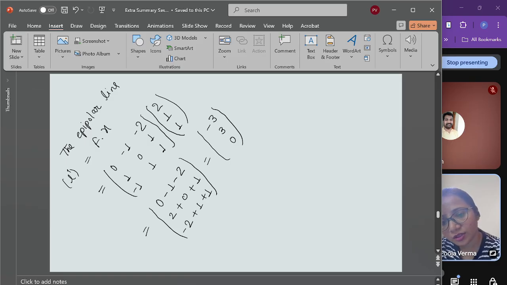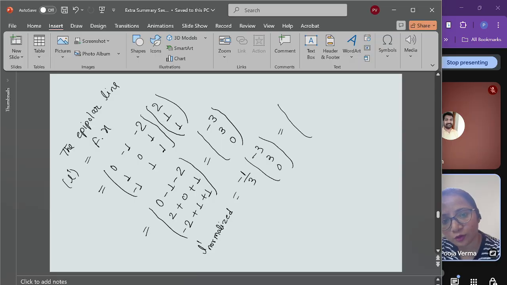Now we can normalize L dash. This is optional, so you can write it also if you want to normalize. Just divide it by minus 1 by 3. You can normalize it, otherwise you can leave it also. If you normalize it, the normalized value you will get is 1, minus 1, 0.